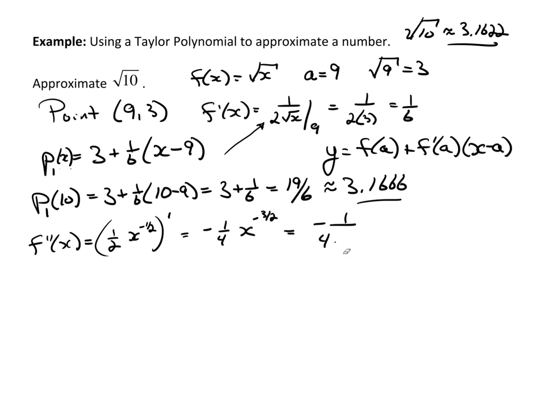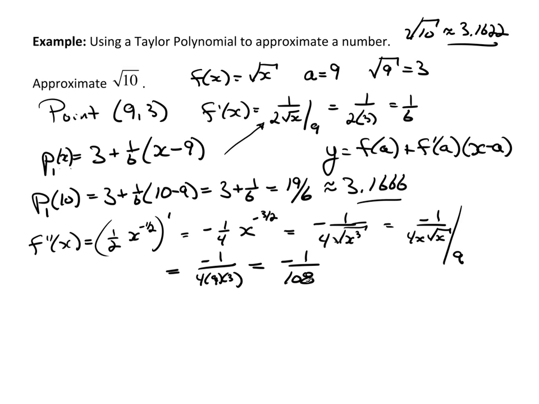It's the square root of x cubed. Which of course is negative 1 over 4x times the square root of x. And I'm going to evaluate this at x equals 9. So this is going to be negative 1 over 4 times 9 times 3, which is negative 1 over 108.